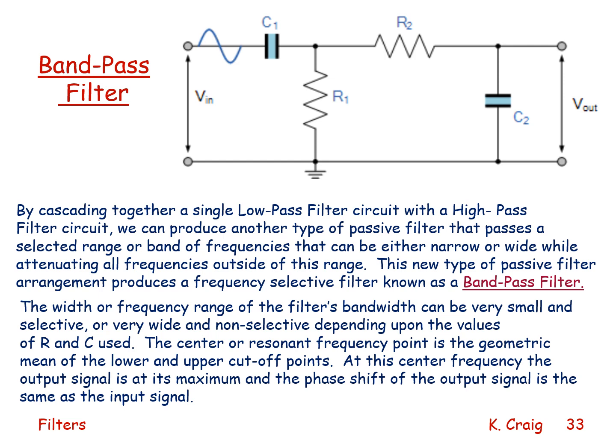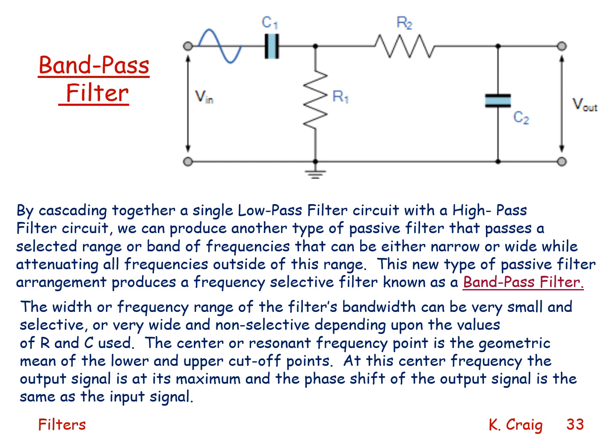This new type of passive filter arrangement produces a frequency selective filter known as a bandpass filter. The width or frequency range of the filter's bandwidth can be very small and selective, or very wide and non-selective, depending upon the values of R and C used.